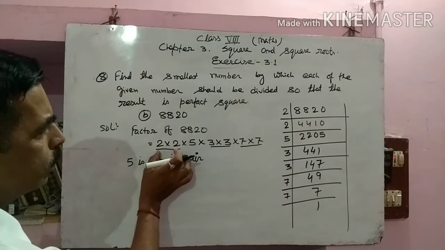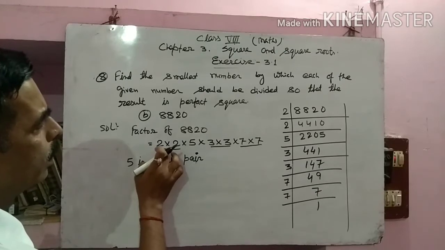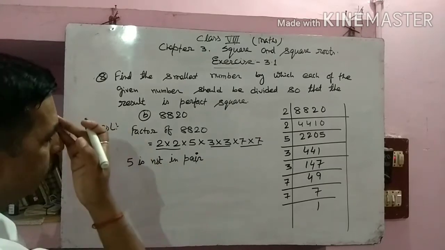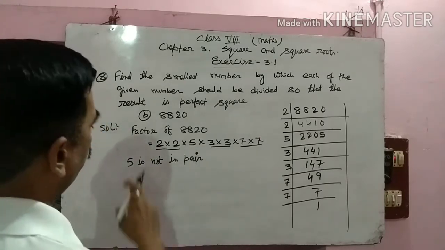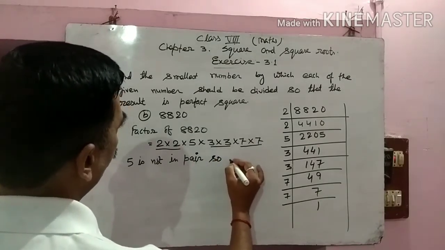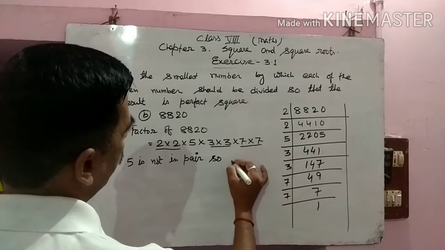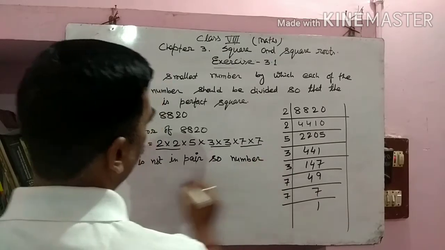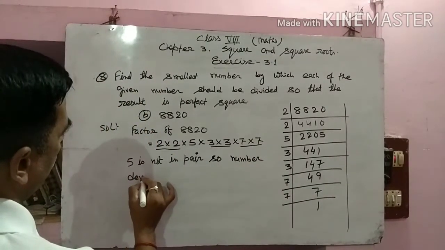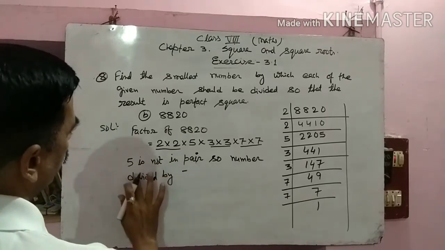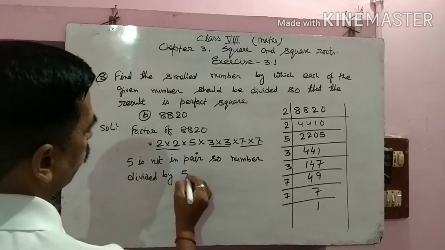2 into 2 into 3 into 3 into 7 into 7, means 2 in pair, 3 in pair and 7 in pair. So it becomes the perfect square. Okay. So the number becomes a perfect square when it is divided by 5.